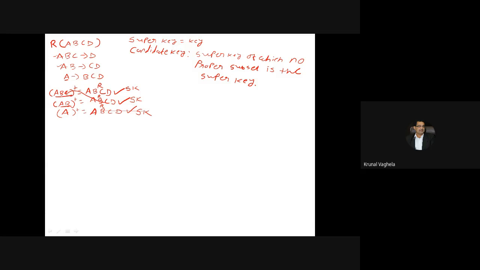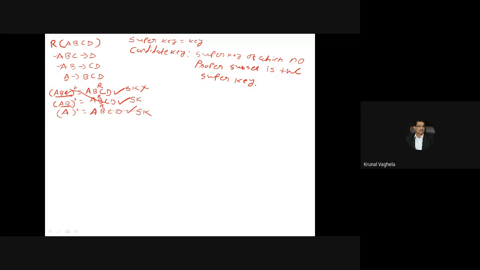Now let's see here, which is the candidate key. ABC is a super key, but is ABC a candidate key? No, because the subsets of ABC, AB and A, are themselves super keys. So this is not the candidate key. AB is a super key, but is AB a candidate key?